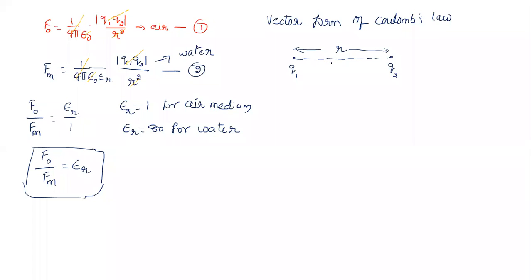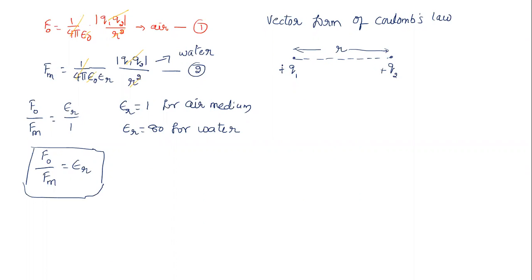Now imagine both are positive in nature, and we have fixed Q1, and Q2 is set free. Since Q1 is fixed, it cannot move anywhere, so Q2 is free to move. Q1 will exert a force on Q2, because both are positive, and like charges repel each other.